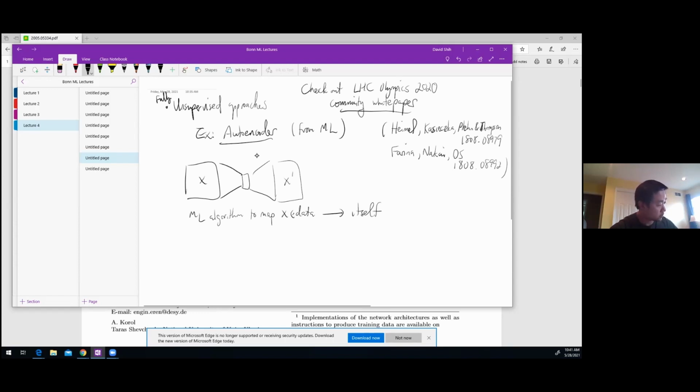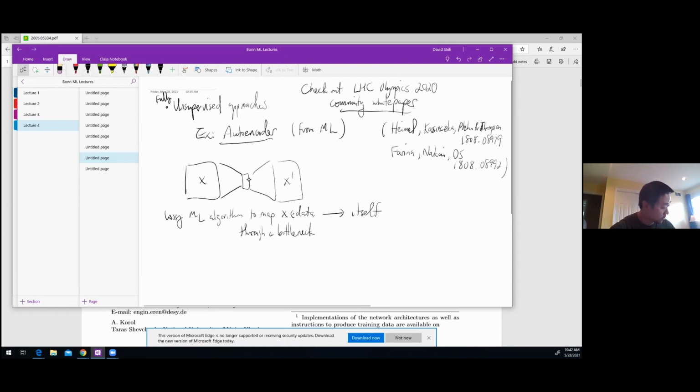That sounds trivial. Why doesn't it just learn the identity mapping? So we pass this through a bottleneck. It's a lossy ML algorithm, so we enforce some kind of compression on the input data.